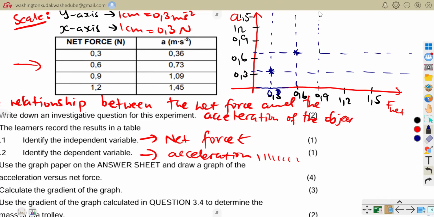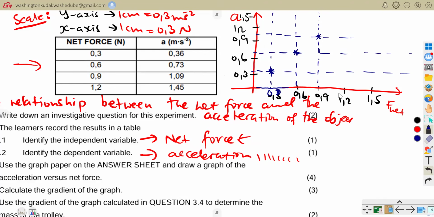At some point, using your graph grid lines, you would simply know that my 0.9 constant straight line would be this. And then if I now go to 1.09, my 1.09 would be, this is my line, so that where these two intersect, this is where I've got my plot.